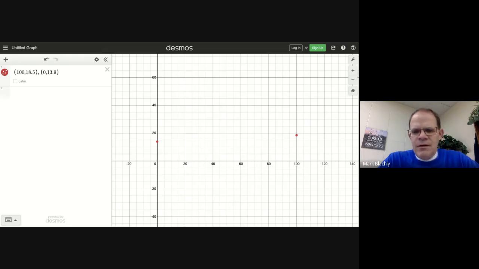Weird. All right. Okay. Now, what we want to do is we want to find the equation of that line. Okay. So, can you guys use those 2 points and find the slope? y2 minus y1 over x2 minus x1. Go ahead and see if you can find the slope.